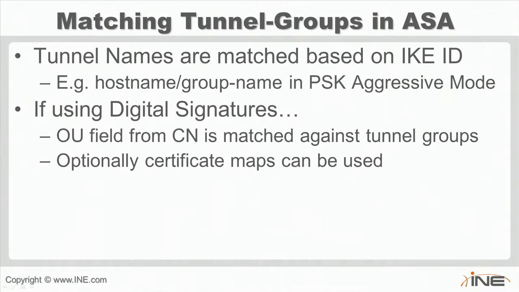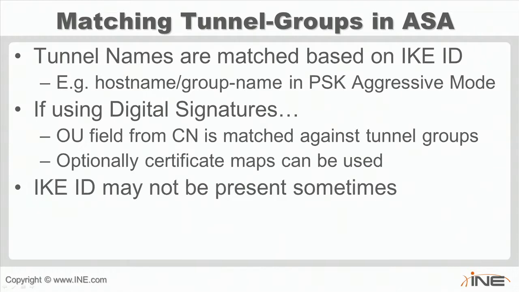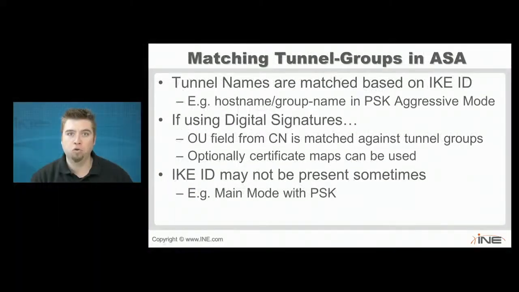As I mentioned, there are certain cases where the IKE identifier wouldn't be there, and that's when you're doing main mode. Because with main mode, remember, you don't exchange the identities until you actually establish the tunnel. But it's kind of like a catch-22: if you want to use the identity to establish the tunnel, but you can't see the identity until you establish the tunnel, that's really the difference between when you would need to use aggressive mode versus main mode.